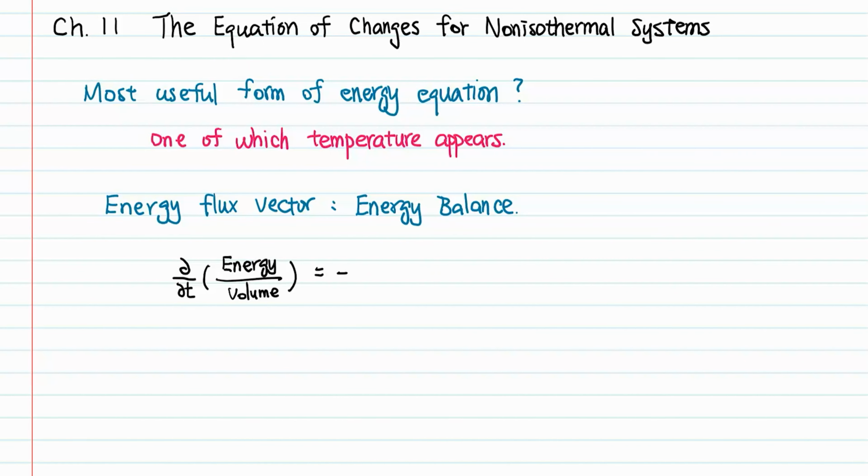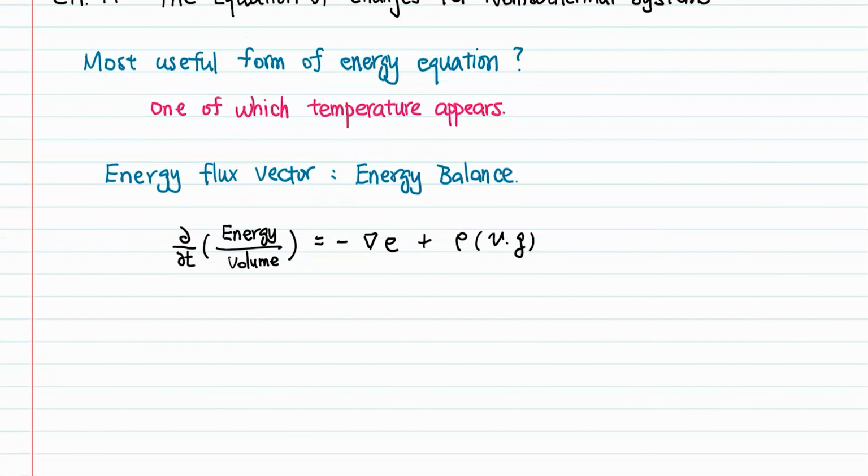That would equal the negative gradient of the combined energy flux vector, plus we have the mechanical energy here. If you look at what exactly the energy per volume is, we have the kinetic energy term and the internal energy term.